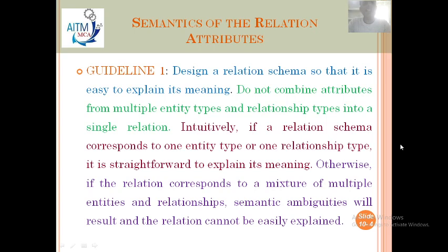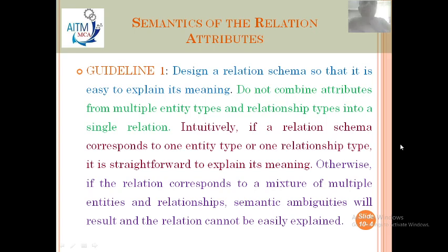As we discussed in the previous slides, take a company database, the employee table. Every employee will have the employee number, that is the SSN number, and name, middle name, last name, then date of birth, sex, then the department in which he is working, and who is the supervisor for that. All this information.